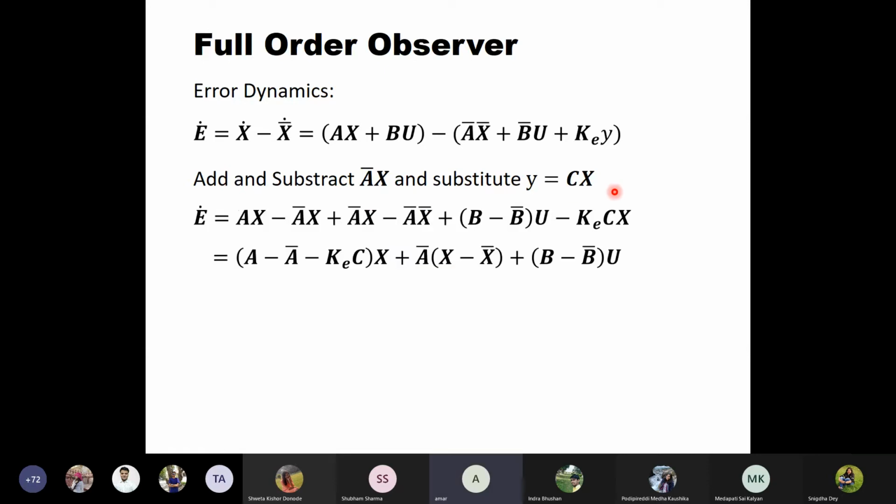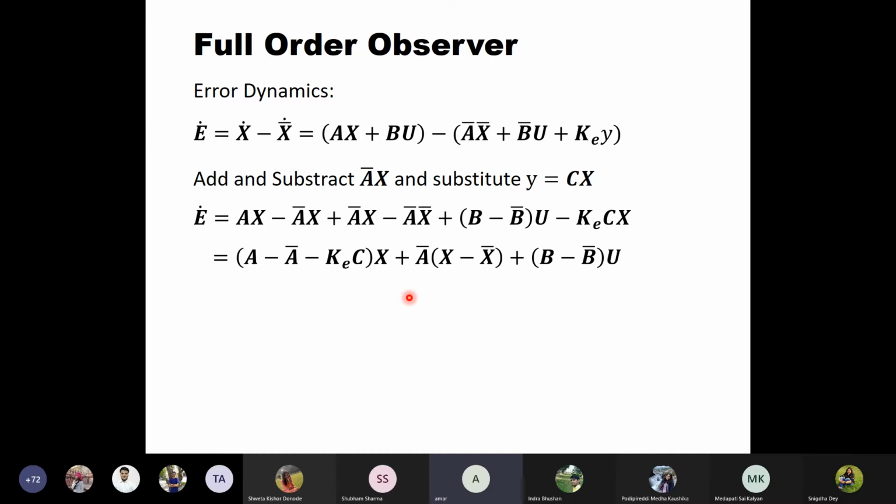Then e dot will be Ax minus A bar x plus A bar x. Finally, I land up with the equation (A minus A bar minus KeC) into x plus A bar (x minus x bar) plus (B minus B bar) into u.